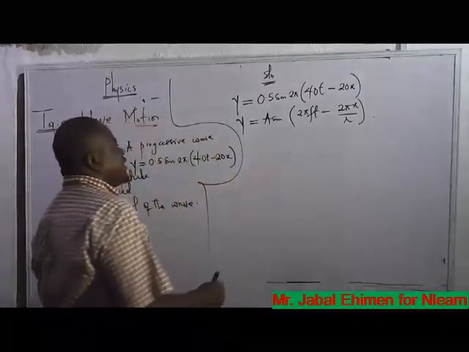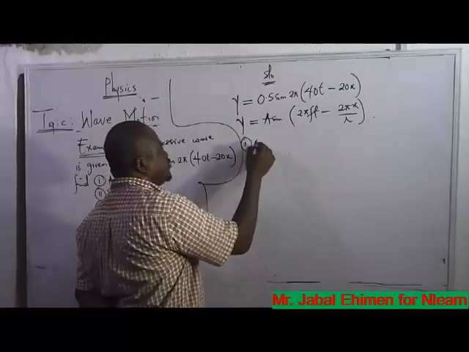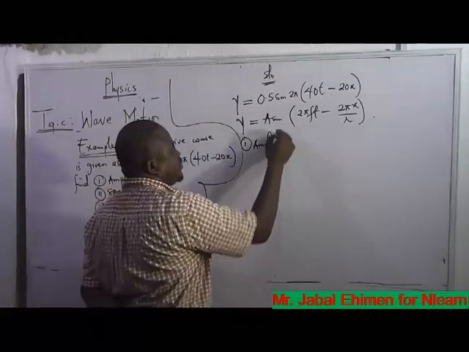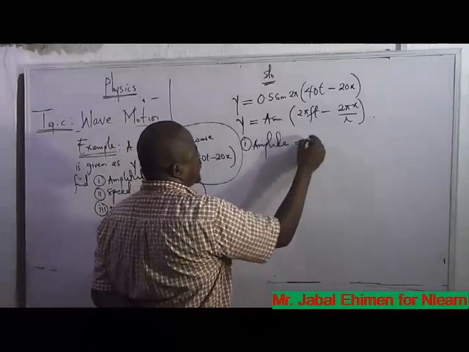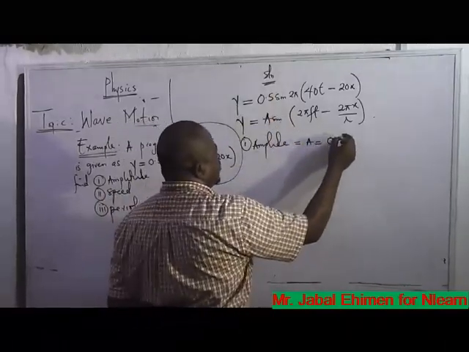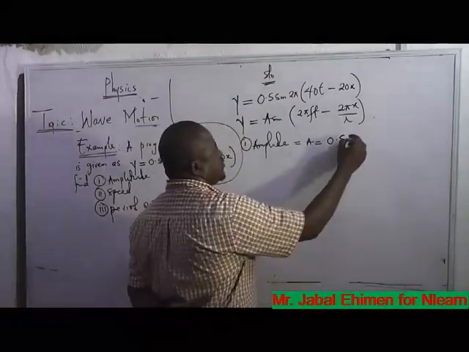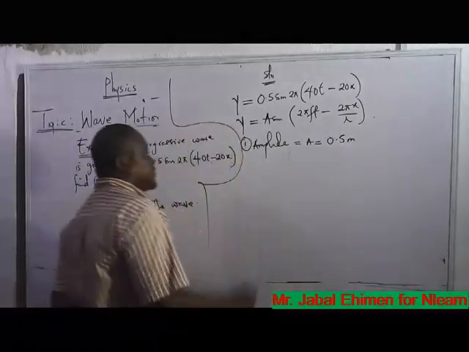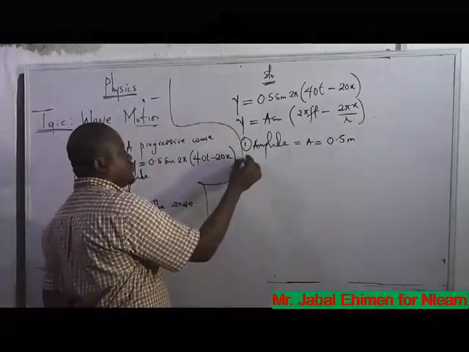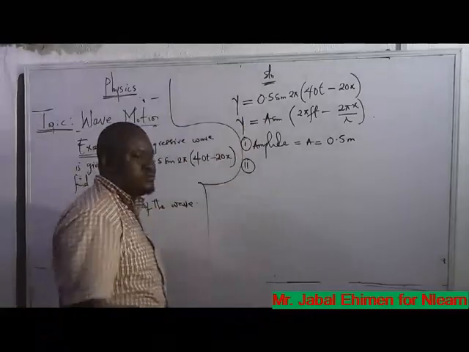So from here, the first question says you can get the amplitude. Amplitude is equal to the value of A. And from here, if you compare this equation, A is equal to 0.5. And please, the amplitude is measured in what? It's measured in meters. Thank you. That's the answer to the first question, amplitude A. Simple.